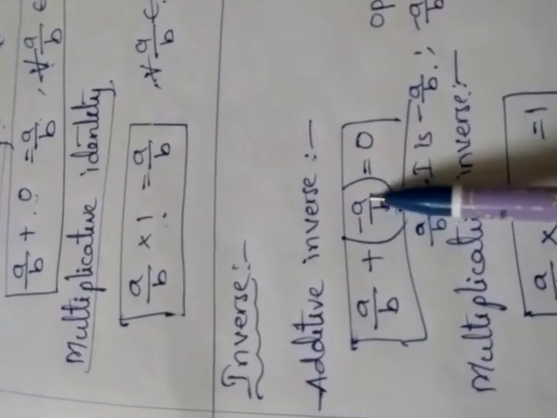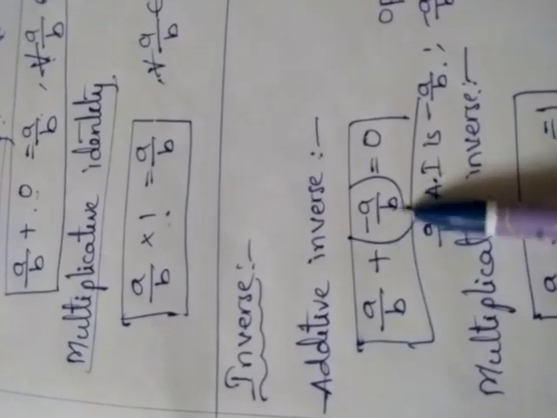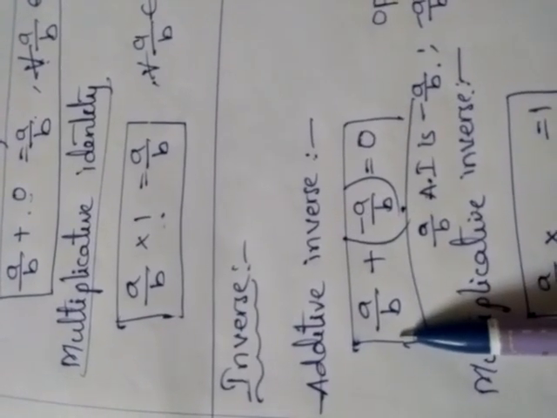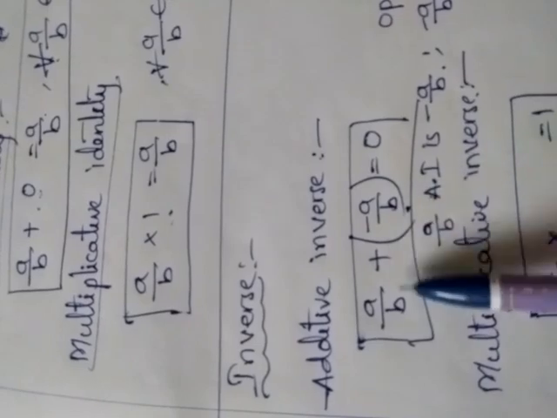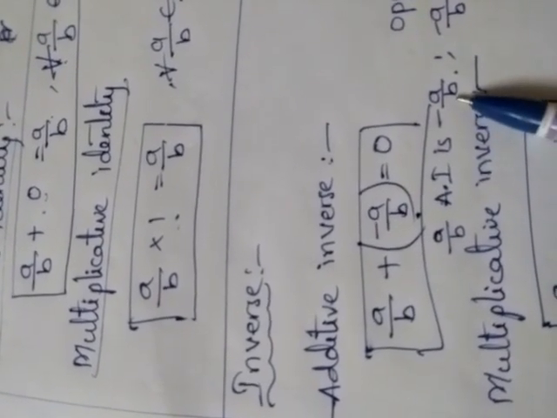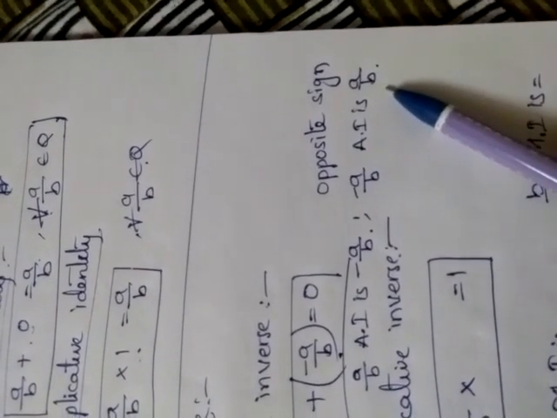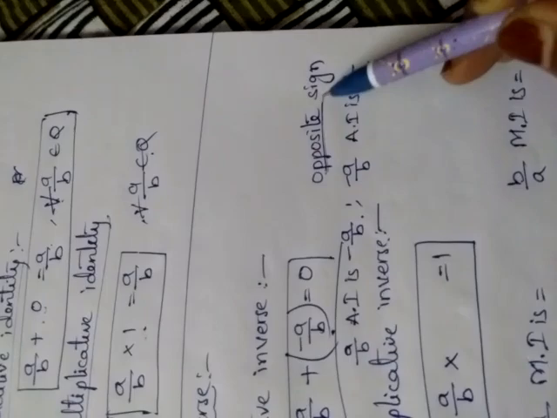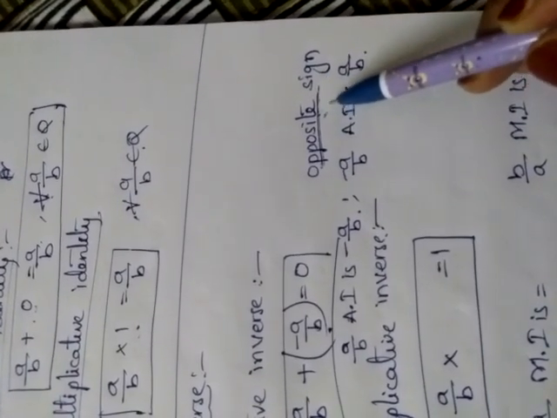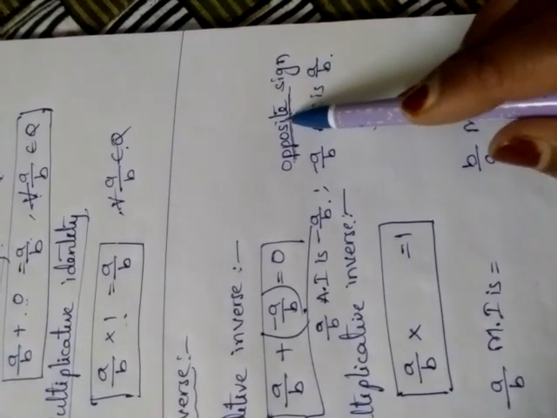And what is the opposite sign for minus a by b? Plus a by b. They are each other's additive inverse. So the additive inverse of a by b is minus a by b, and the additive inverse of minus a by b is a by b. We are taking the opposite sign. Remember, we do these problems in the exercise.